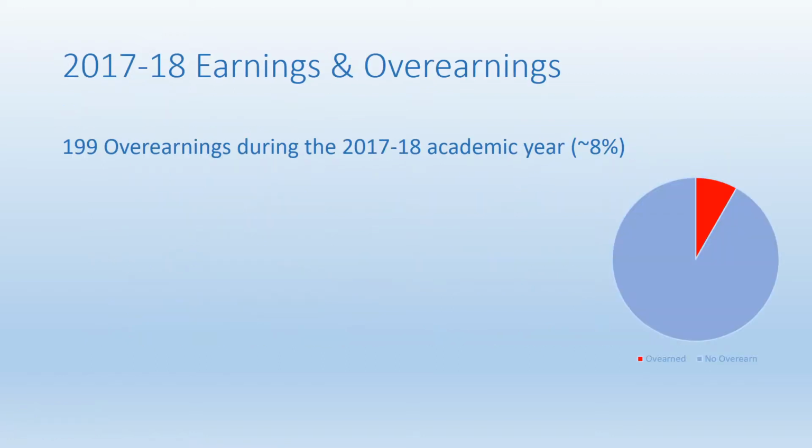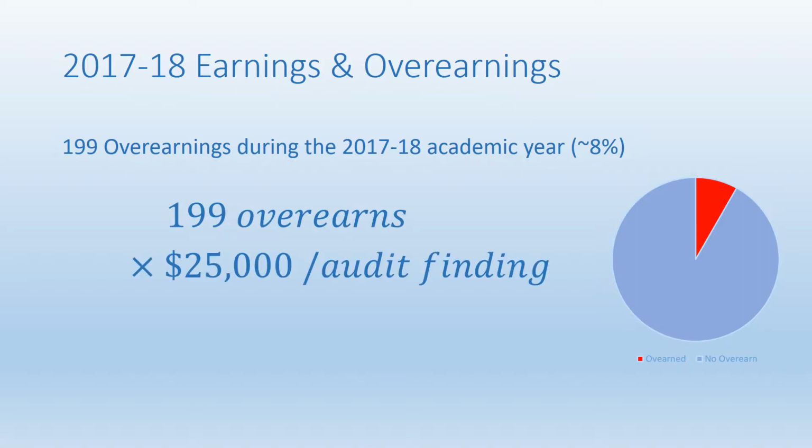Here at UNC, we actually are very effective at preventing over-earnings, but that still doesn't prevent us from having them on occasion. During the 17-18 school year, we actually saw 8% of our students experience an over-earning. That's 199 students out of around 2,400 employed students. Those 199 over-earnings, if applied to the maximum $25,000 audit finding, could result in a nearly $5 million fine to the program.